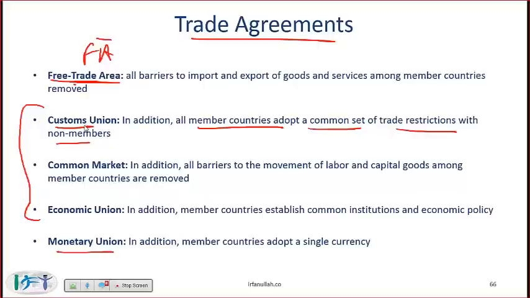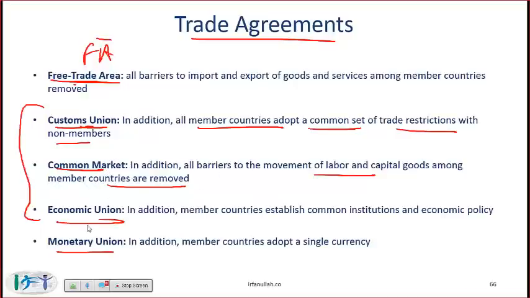So that is CU. Then comes CM, or common market, where we say that now in addition, movement of labor and capital goods among member countries are removed. And this probably will not happen with NAFTA, otherwise half of Mexico will end up in the United States. But that is the common market.